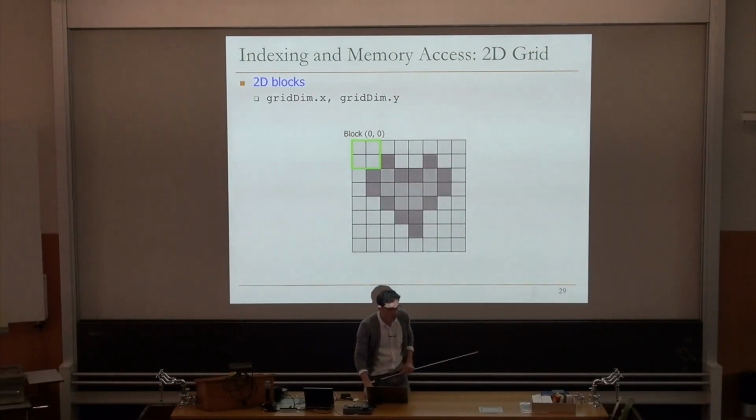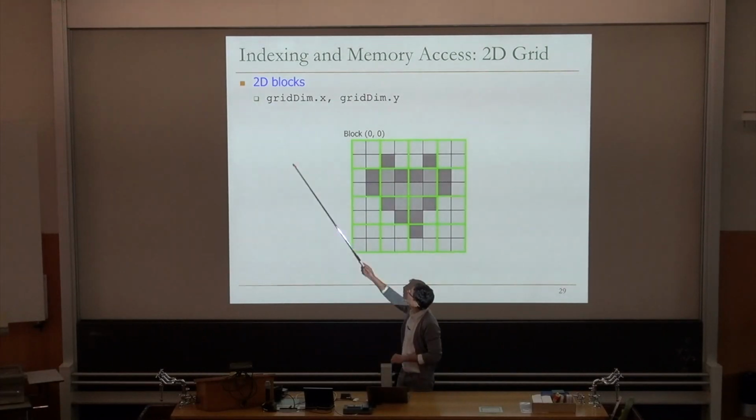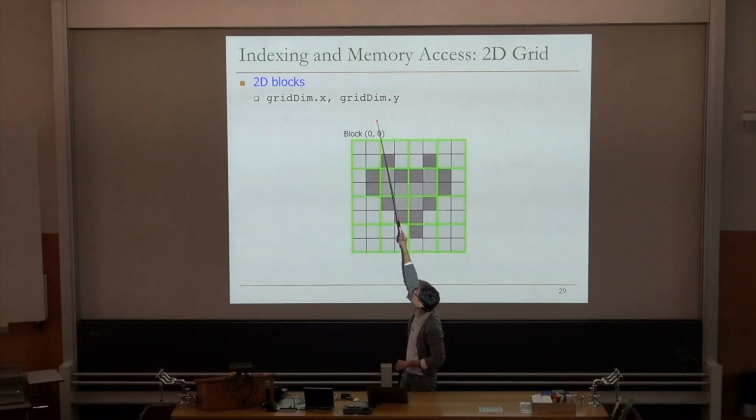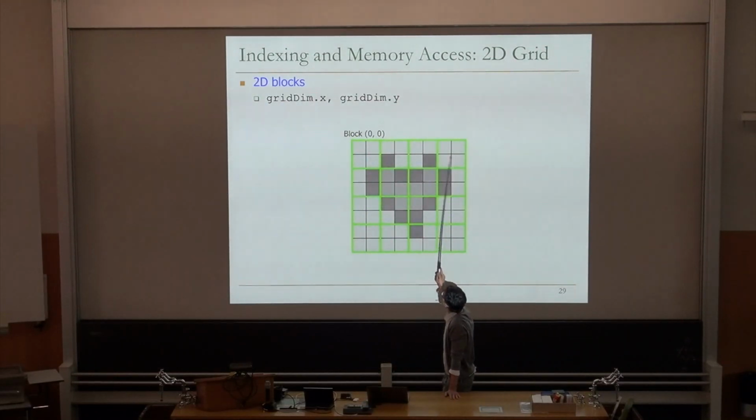For two-dimensional blocks, we do exactly the same thing, but now instead of having one single variable for the dimension and for the index, now we have 2. We have the grid dimension in the x direction and in the y direction. So in this particular case, we have 4 times 4 blocks, right?